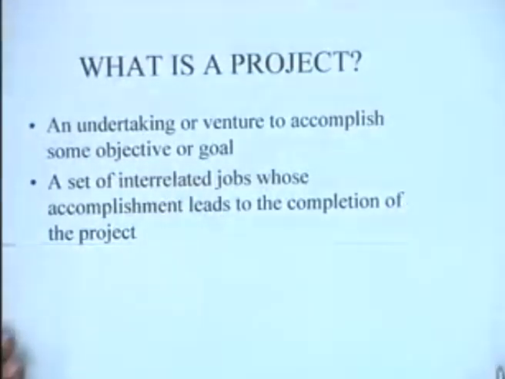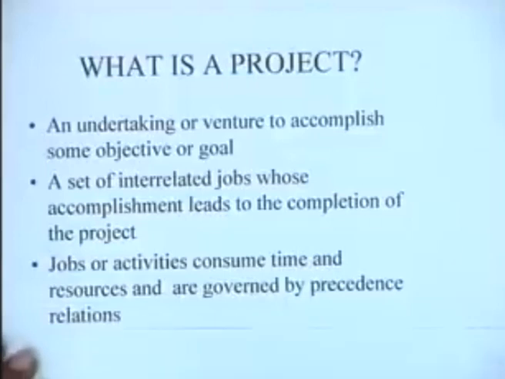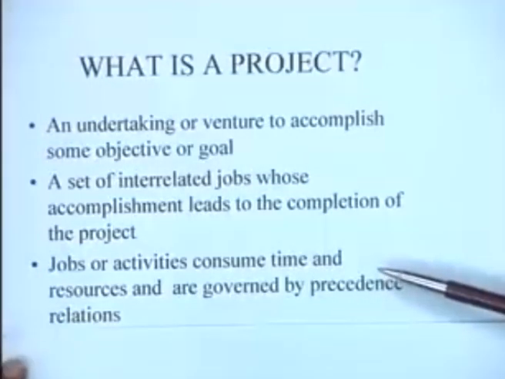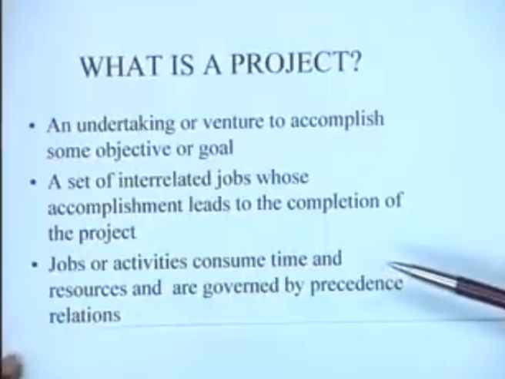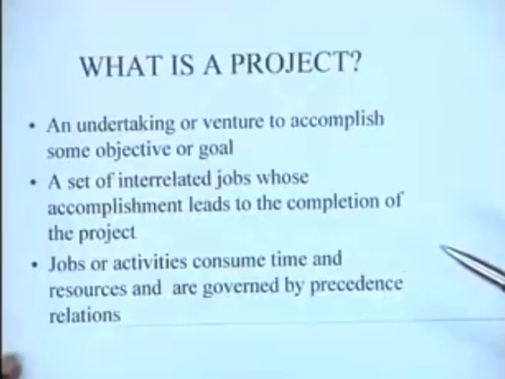Now, because these jobs are the constituents of a project, we must understand what these jobs or activities really are. So when you view these jobs or activities, we must remember that these jobs or activities consume time and resources and are governed by precedence relations.